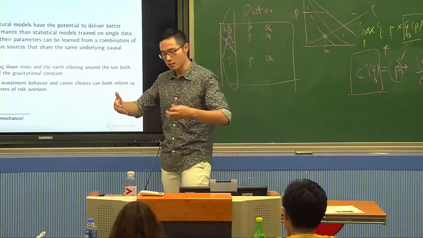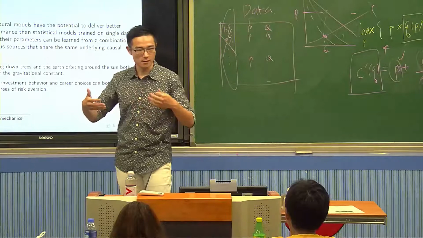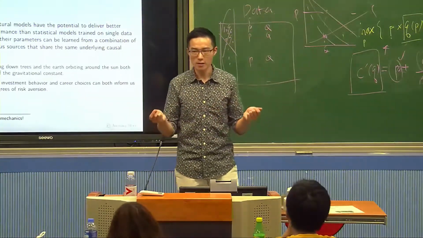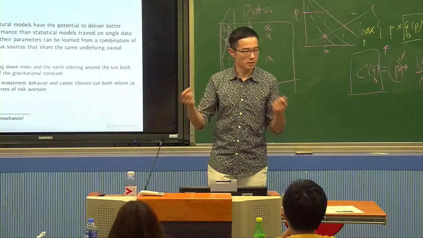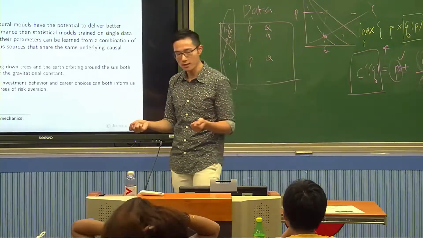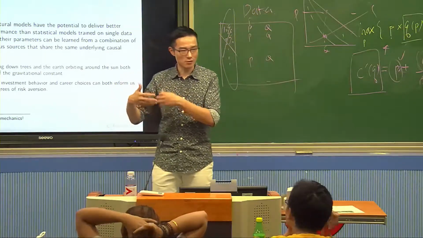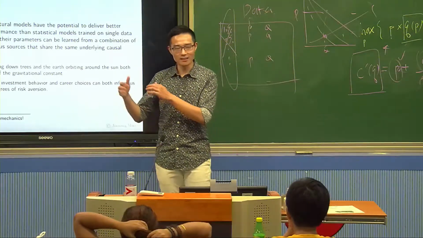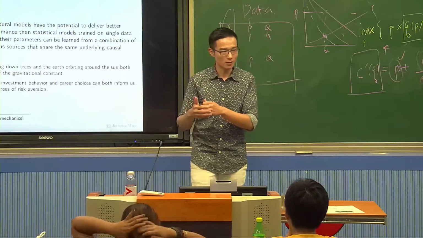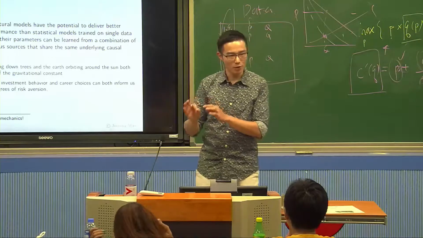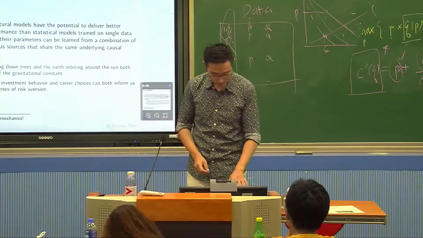That makes the theory much more powerful, in the sense that its parameters can be learned from all kinds of different data, so it can potentially be more precise and give you better predictions in all kinds of settings. Now, of course, that all depends on whether you do have such a successful model or not. In physics we have one; in econ so far, maybe not. So that remains a point I want to make about structural estimation.